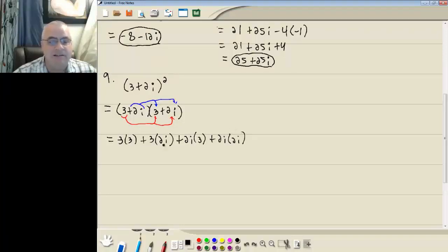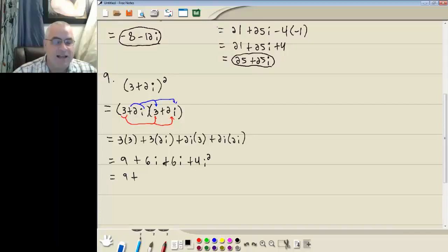So I'm just following the lines to see what to multiply together. 3 times 3 is 9, 3 times 2i gives us 6i, 2i times 3 gives us 6i, 2 times 2 is 4, and i times i gives us i squared.